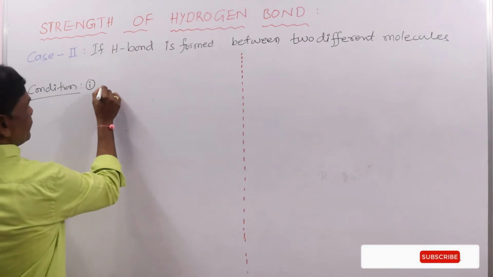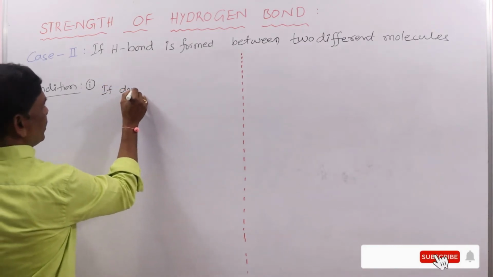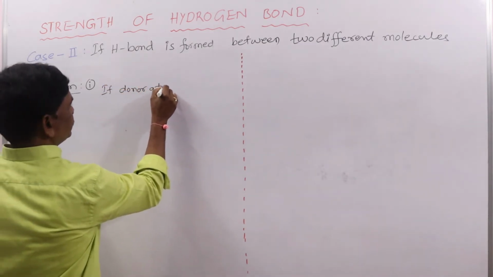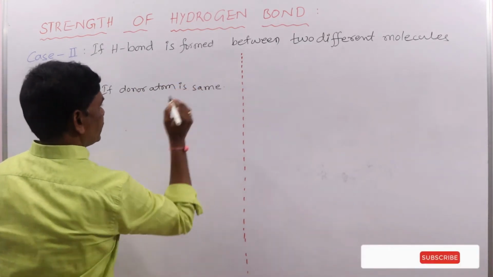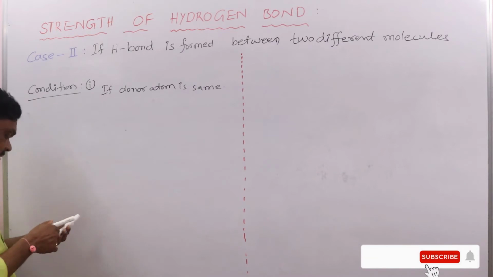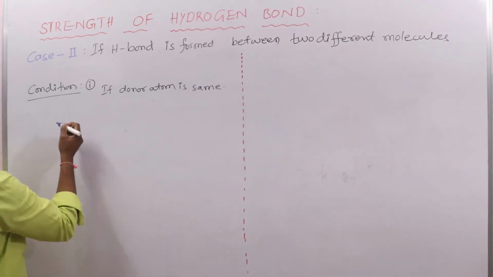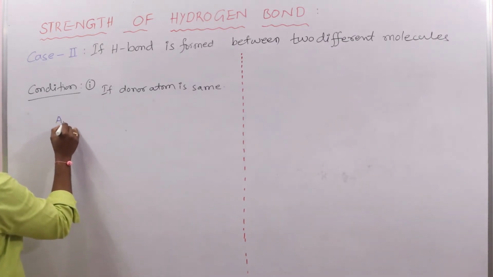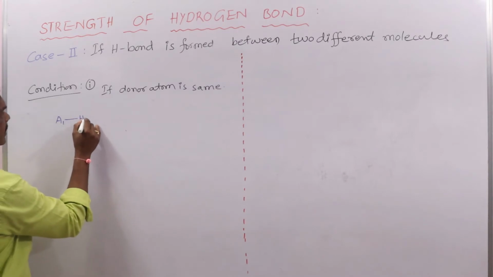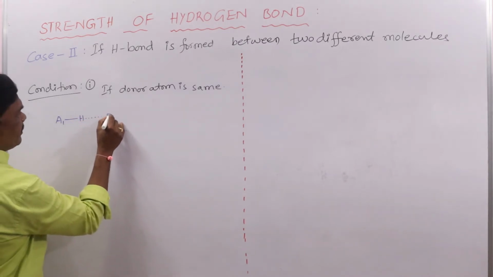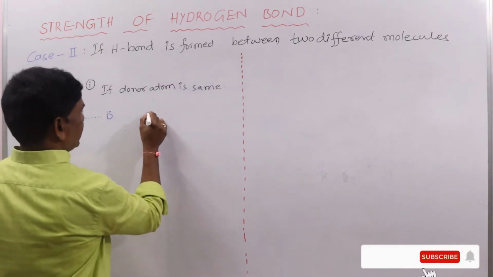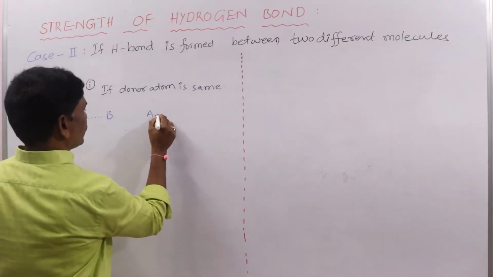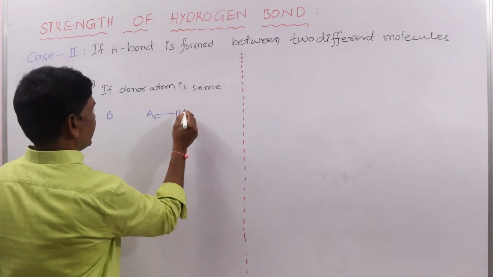In the first condition, if the donor atom is same, for example A1H, this is the hydrogen bond with the donor atom having a lone pair, and A2 forming a bond with the hydrogen.